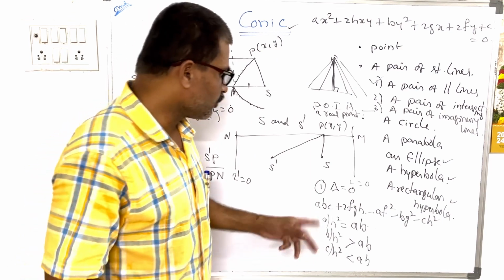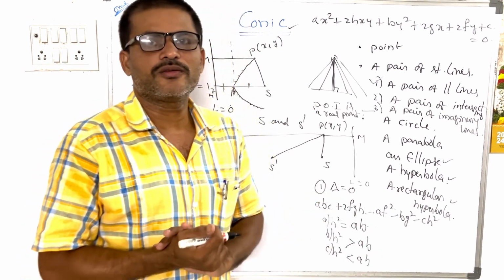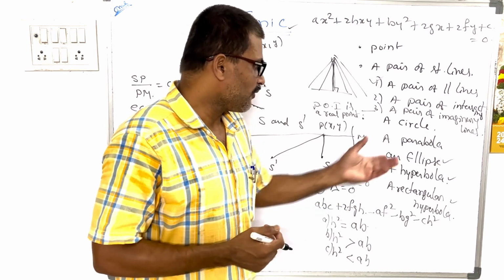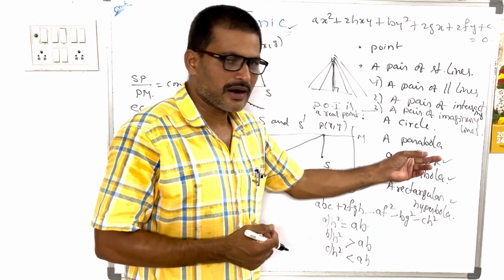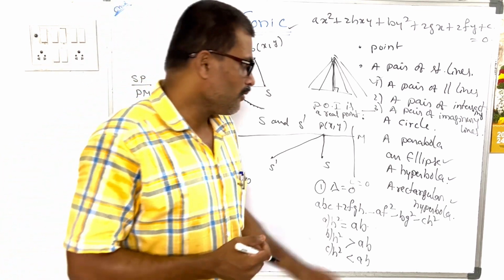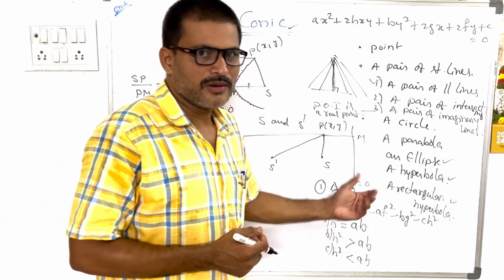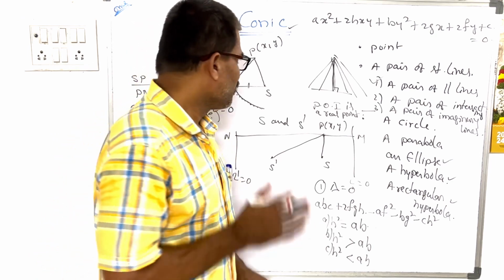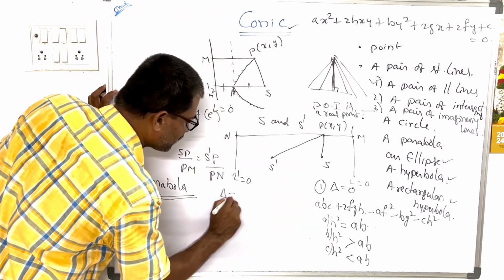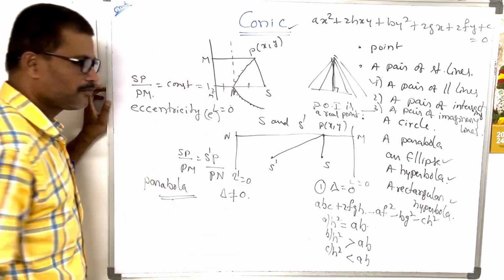So in case 2, delta is not equal to 0. Here the conics formed are parabola, ellipse, hyperbola and rectangular hyperbola. Now which types of conditions will be arranged here? The second case is delta not equal to 0.